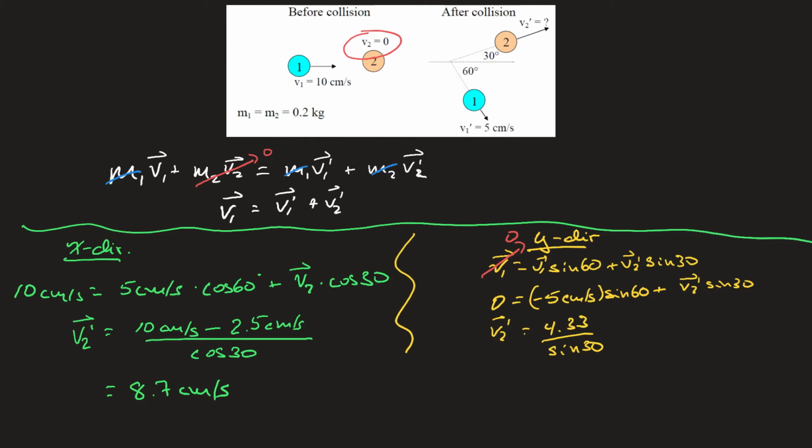And that again is going to leave us with 8.7 centimeters per second. And of course, these are positive values, which means that it's going up and to the right. We know the angle, so we can just say 30 degrees above horizontal. That would be the same answer here.